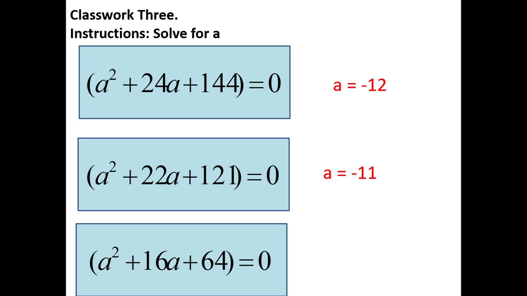And our last one, A is equal to a negative 8. And so if A is negative 8, then this one would be equal to 0.